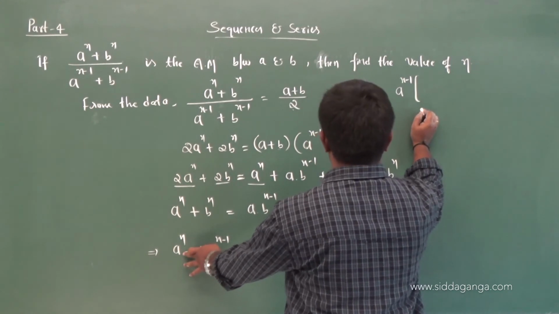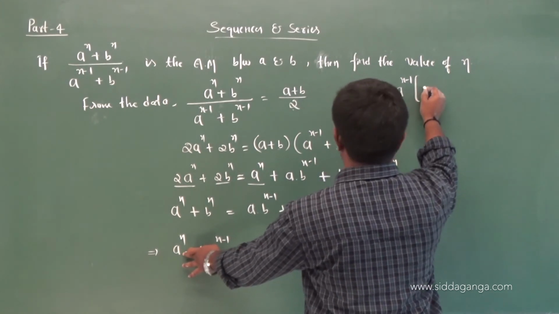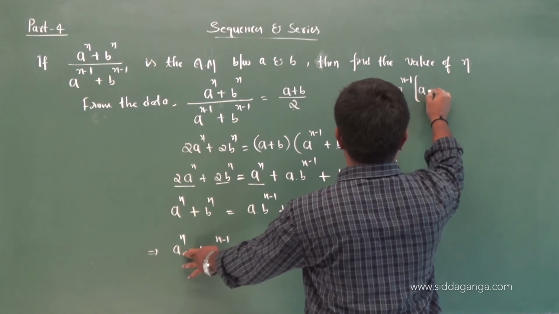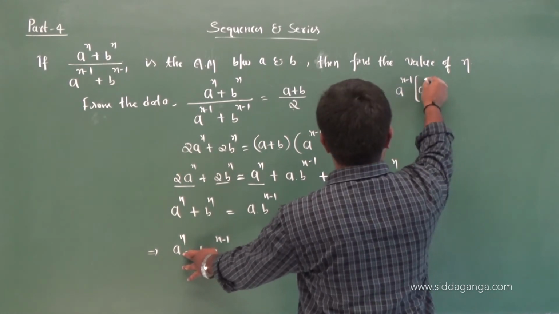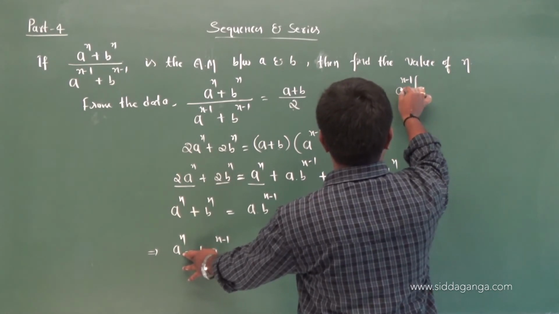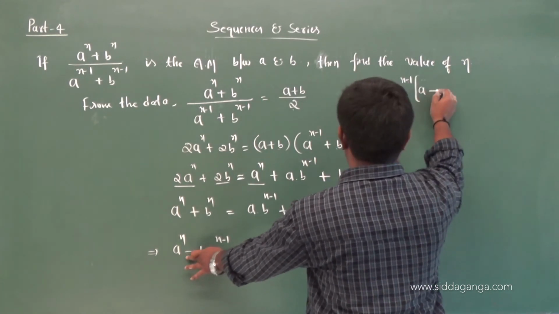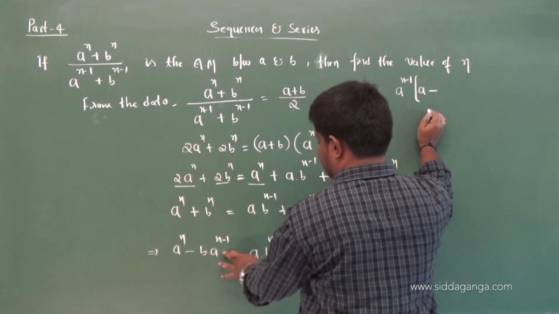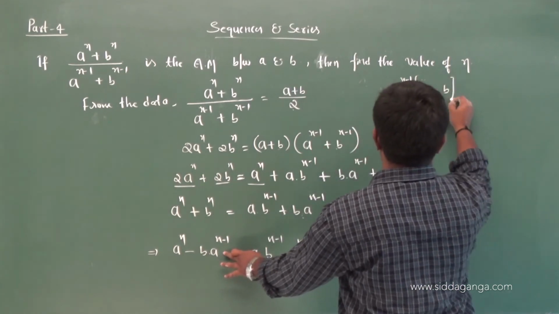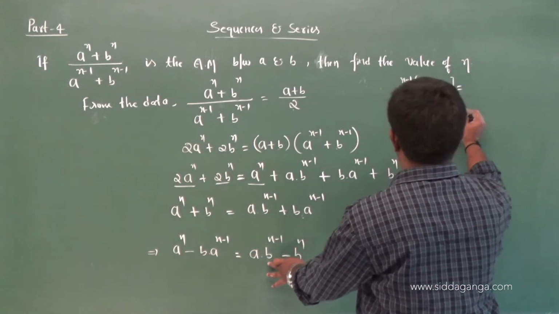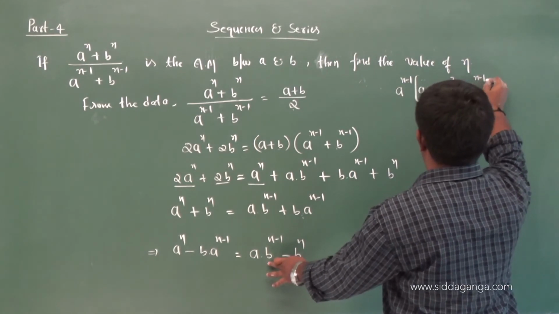What remains? a remains, because a power of 1 into a power of n minus 1, n minus 1 plus 1, 1 gets cancelled, you get a power of n, minus a power of n minus 1 taken outside, b. Equal to, here I am going to take b power of n minus 1 as common.